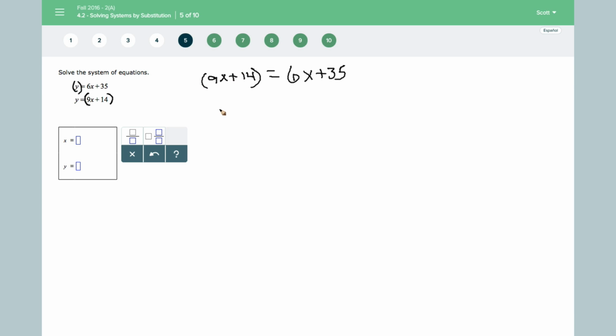I don't need to distribute anything, so I can drop the parentheses. I have 9x plus 14 equals 6x plus 35.